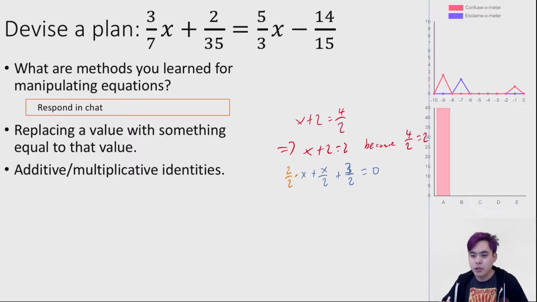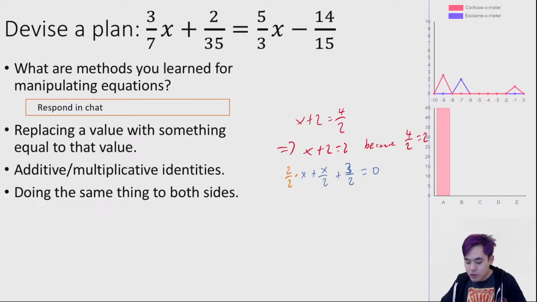You could do that kind of replacement, and that would be the same thing. Or you can do the same thing to both sides. Instead of replacing with 2 over 2, you could multiply by 2 for everything. If you multiply by 2 for everything, you'd instead get 2x plus 3 is equal to 0. You multiply by 2 on both sides.